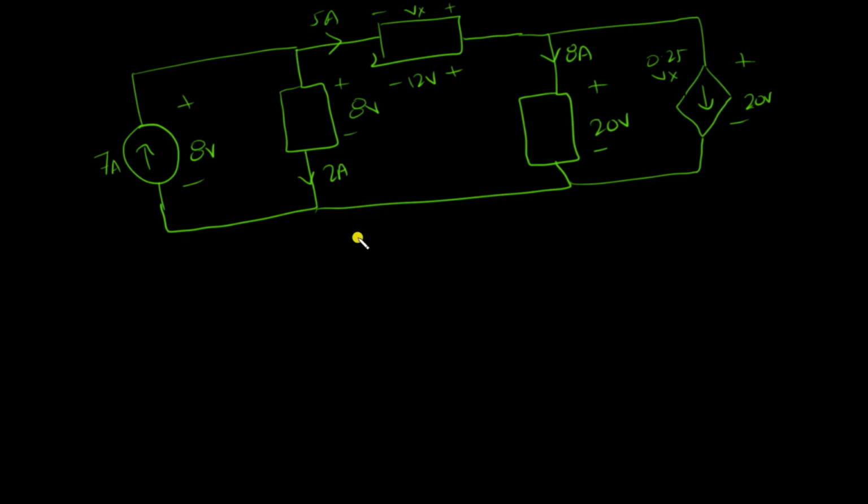Okay, so now let me demonstrate all the concepts we learned in the previous video through a big example. We have a circuit and we need to find the power in every element. There are five elements here. Let's start from the left side.